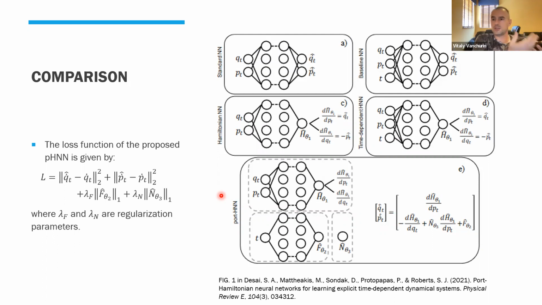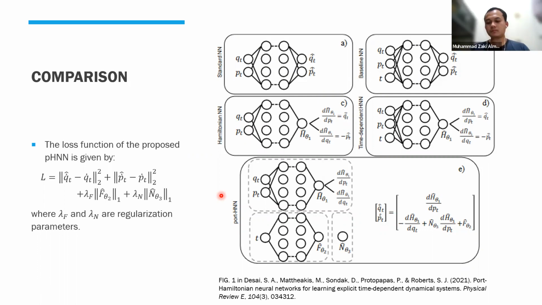You can try to train directly for those things, for H, J, F, force. Yes, but they haven't done that. That would be like an extrapolation of the PINN to the Port-Hamiltonian system, I guess.